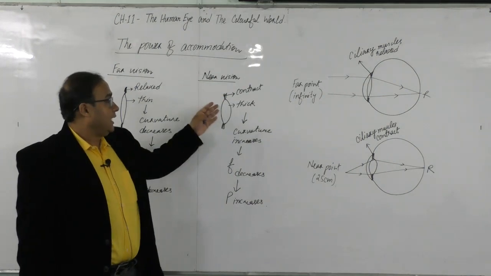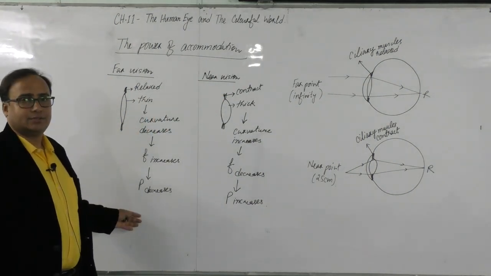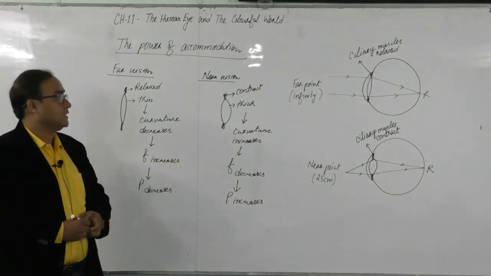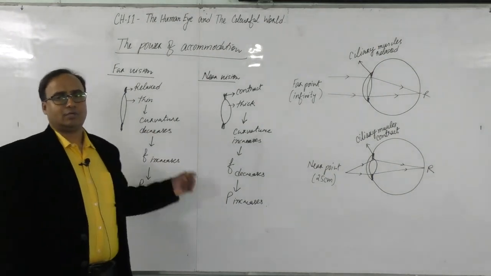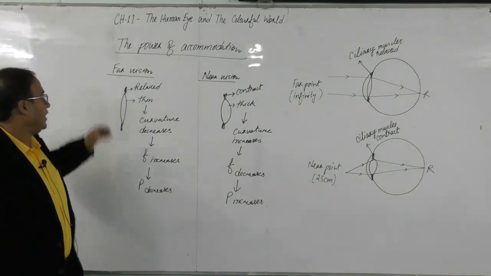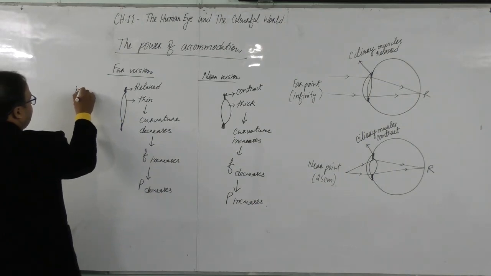So the eye lens has the spatial ability to adjust its focal length to see nearby objects as well as distant objects clearly, and this spatial ability is power of accommodation. When we are looking at the far point, the far point for our eye is considered to be infinity.